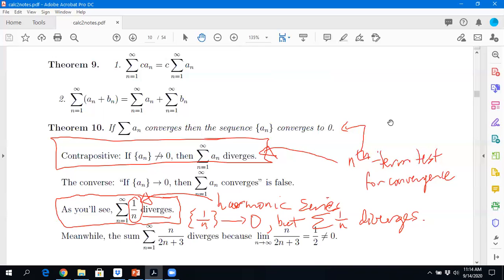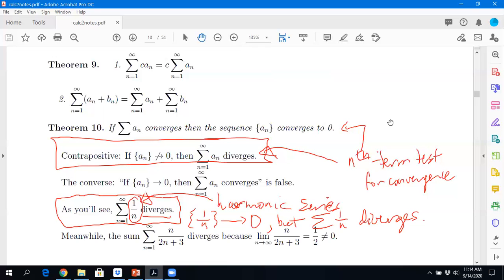So if the terms don't go to zero, what can you conclude? The series diverges. If the terms go to zero, what can you conclude? Nothing. You're going to have to resort to some other method to determine convergence or divergence. But if the terms don't go to zero, then you know there's no chance for convergence. The series diverges.